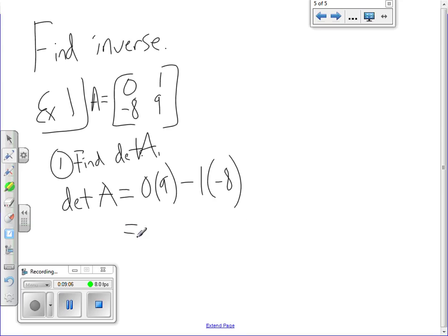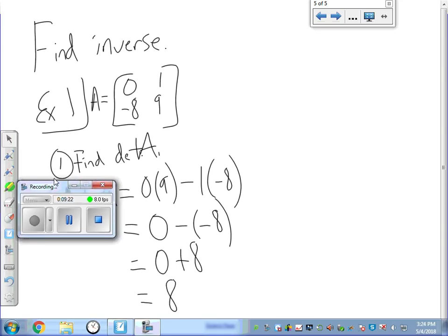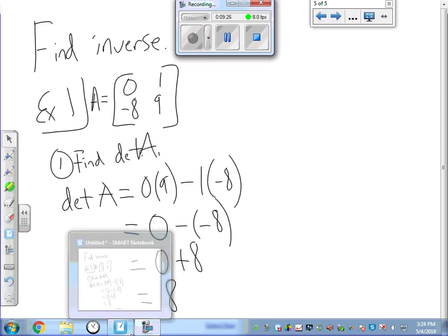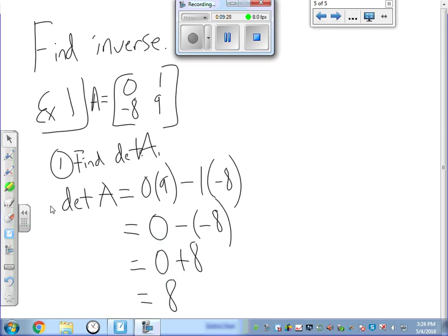And what do we get there? 0 times anything is goose egg. 1 times -8 is -8. And now with these two minuses, that's going to make a plus. So I get that our determinant is 8, right? Determinant is 8. What does that mean? Because I didn't get 0, that means this inverse exists.